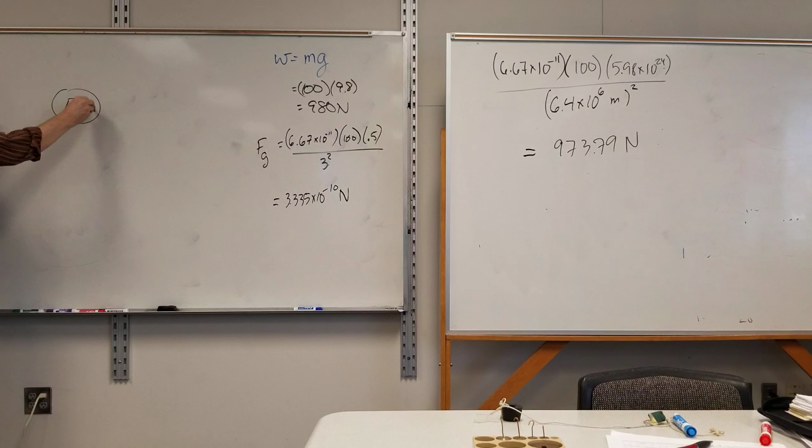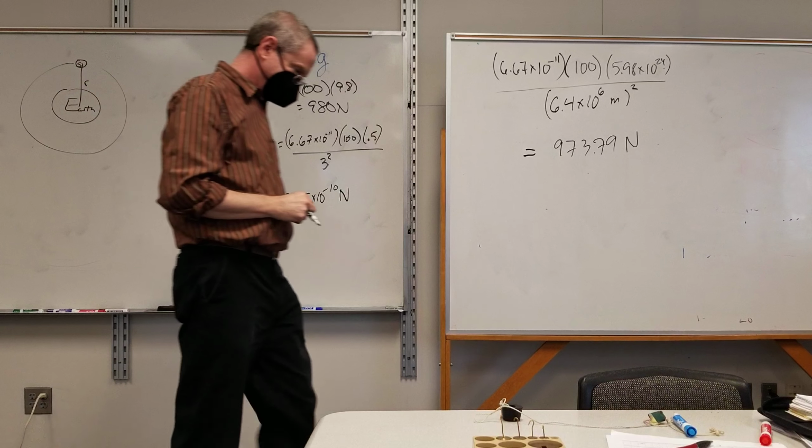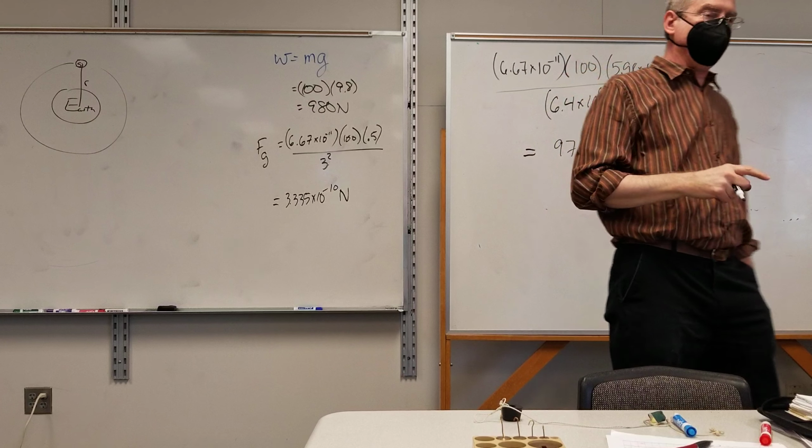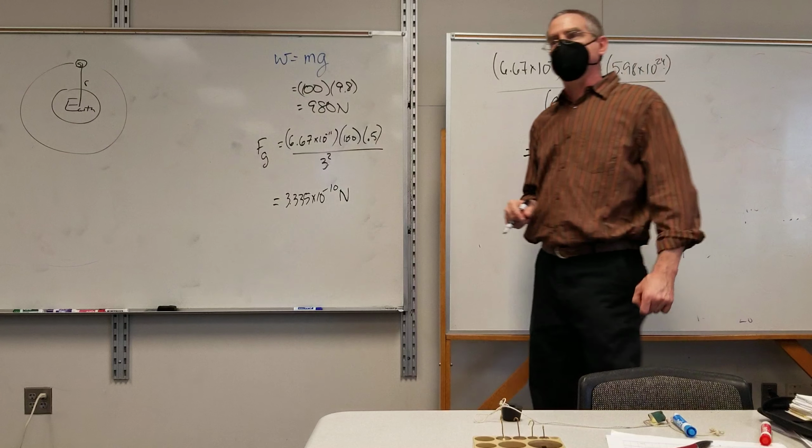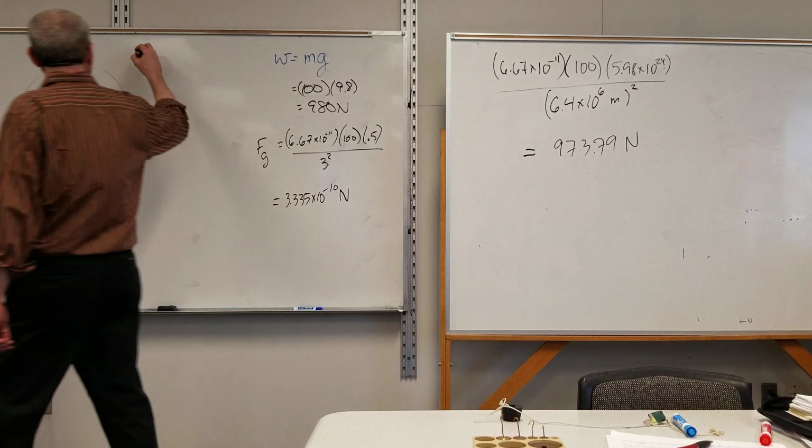Earth. Satellite. The distance here, some distance. If the satellite is in orbit around the Earth, what is the speed? How fast does it need to go?